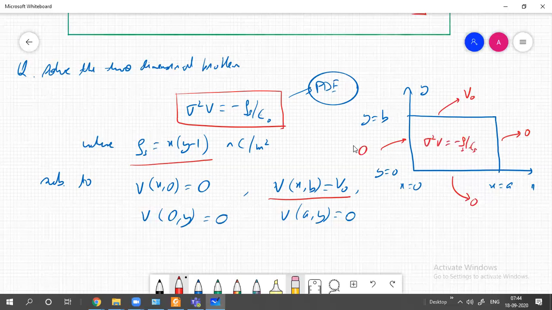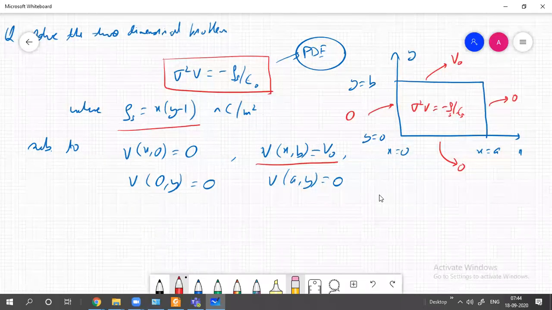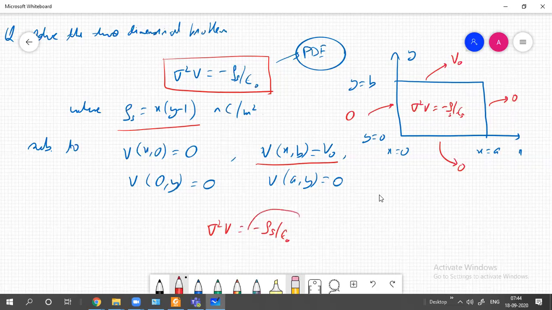So how to solve this one? We cannot find the particular solution because of this term, del square V equals minus rho s.